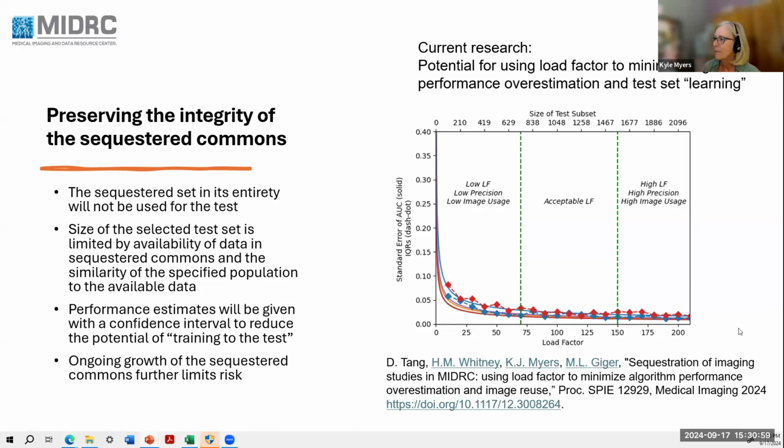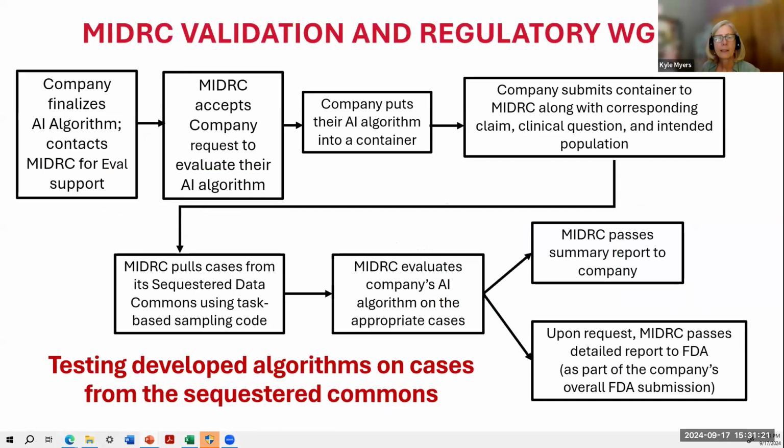A large subset size that reflects almost all of the data surely brings down the standard error of the estimate, but at the expense of revealing more about the sequestered data than operating down here. And some place in between will be the acceptable load factor. So stay tuned as that research progresses.